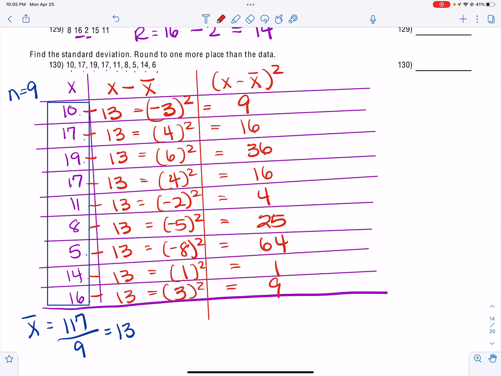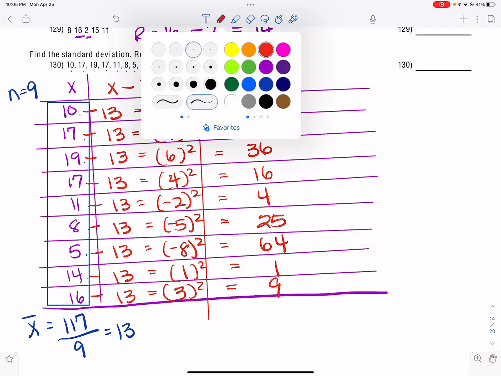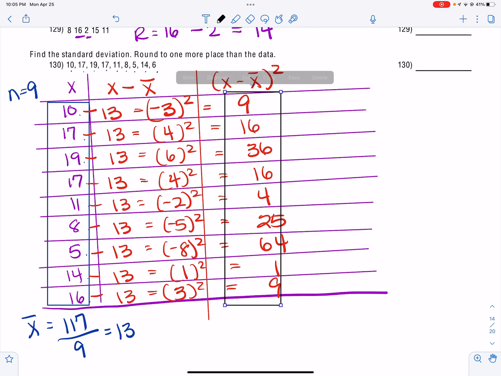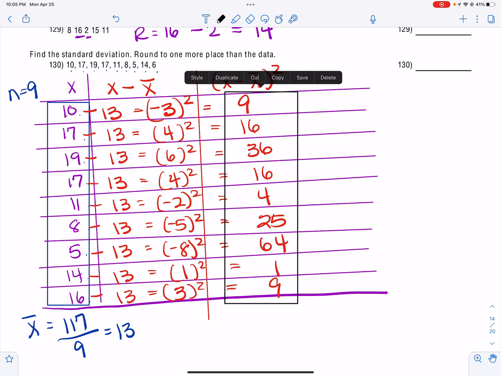So now that I have that last column, and remember this last column should be all positive numbers, now I'm going to add this group up. Boy, my boxes are a little wonky tonight.